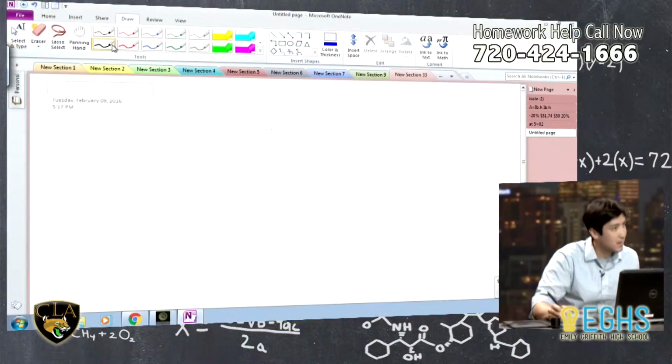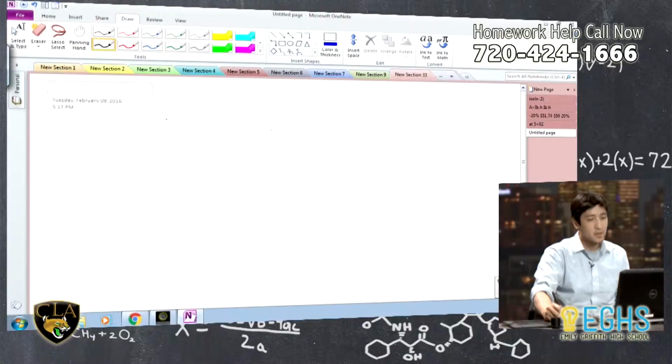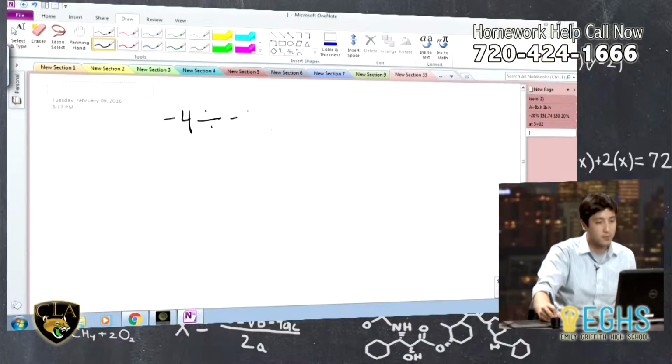So this is basically kind of just a PEMDAS type problem. The confusing thing is that we're dividing twice, and the last thing we're dividing by is a fraction. So I'm going to go ahead and rewrite that up here. -4 divided by -3.